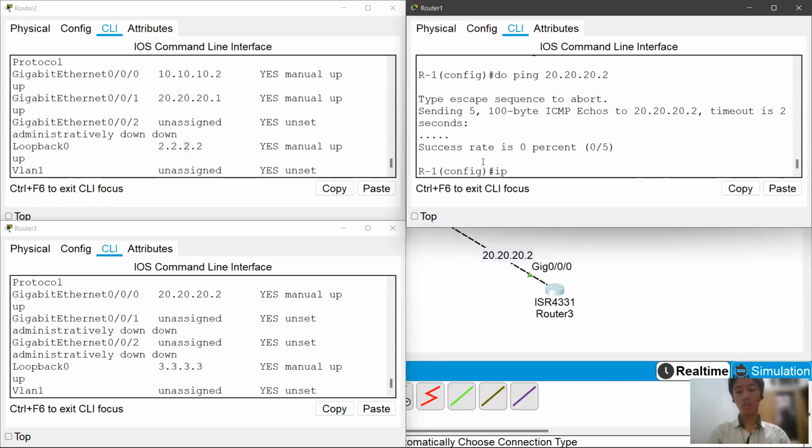So again, we must configure static routing. The configuration is IP route 20.20.20.0, the network, and after we put the network, we put the subnet mask, and then we put the gateway.